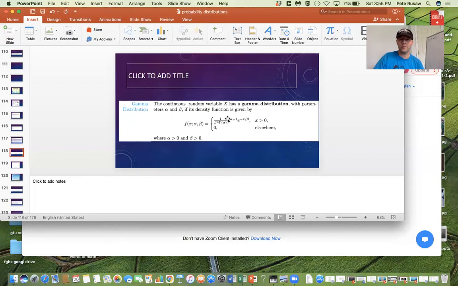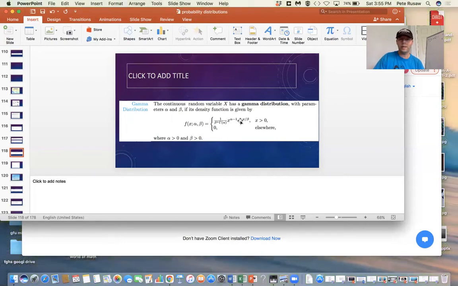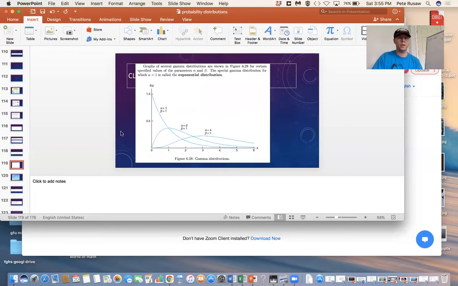Makes sense because then this goes away and we get e to the minus x over beta with a constant out front. That's just an exponential function like one that you've seen in pre-calculus probably years ago. And you can see, here is an exponential function like this, and that actually is a model that's useful to us in probability theory and applications.